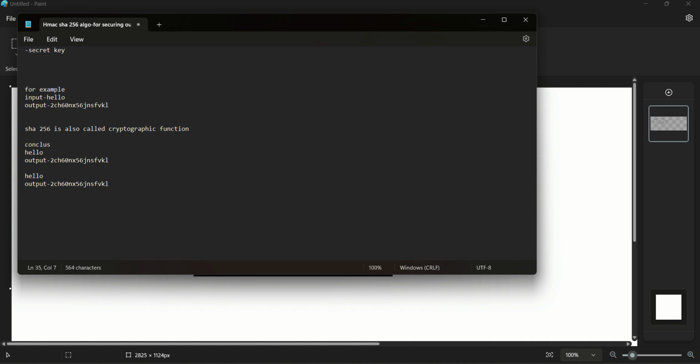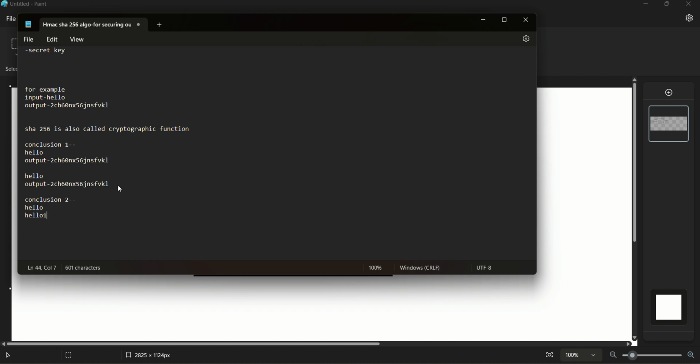Conclusion second is that for two different input strings, the same hash will never be generated. If you use hello and hello1, then separate hash values will be generated.